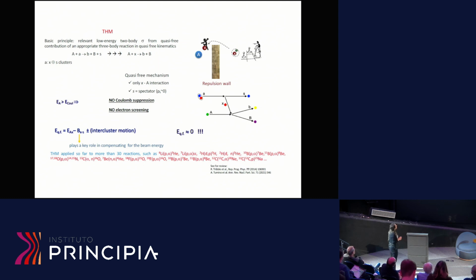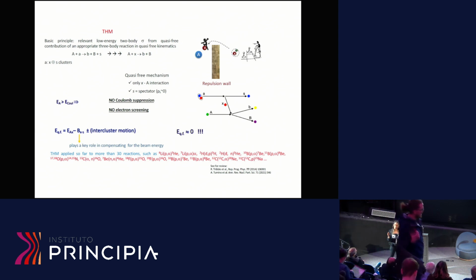Then you see here, you have the intercluster motion between these two objects that you can use to span the astrophysical region of interest. So in the first part, you get just one energy: with a given beam energy, you get just one quasi-free energy.